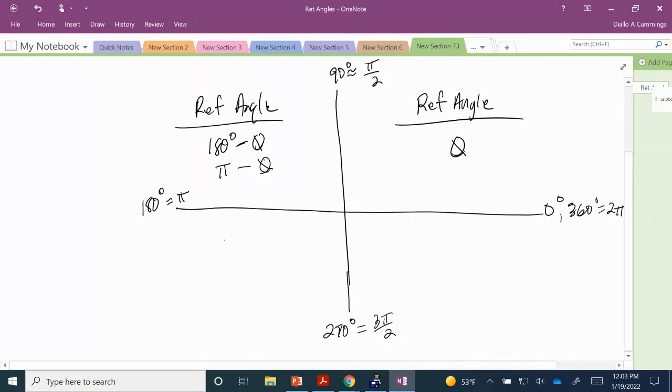If your angle is in quadrant 3, the reference angle formula is the given angle minus 180 degrees. And if you're given an angle measure in radians, it's the given angle minus pi.